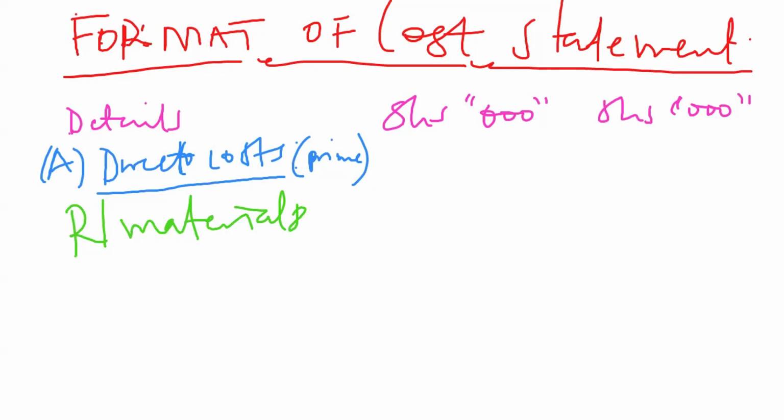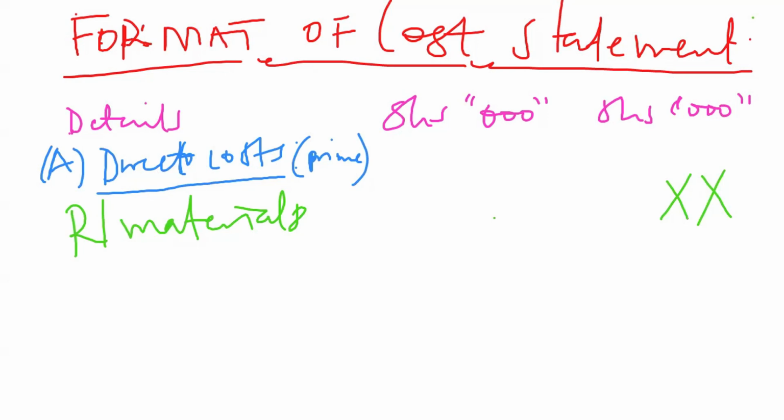So we put that figure this side. Now, the raw materials may have a formula, because we have a formula to compute these materials.